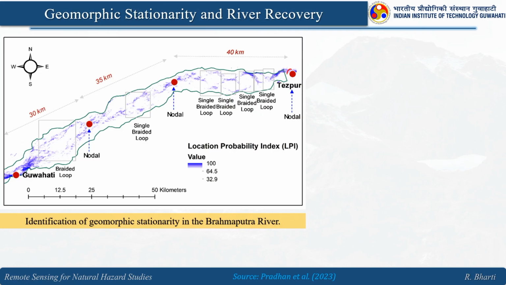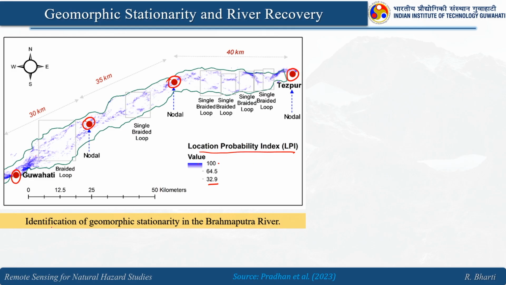Now, here you can see these are our nodal stations, and the colors in between that you are seeing here are basically the LPI index, and the value is 32.9 to 100. The dark blue or purple color indicates 100% of the LPI index.